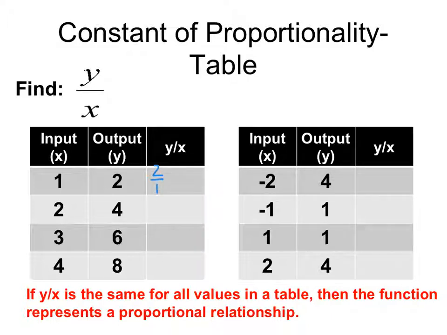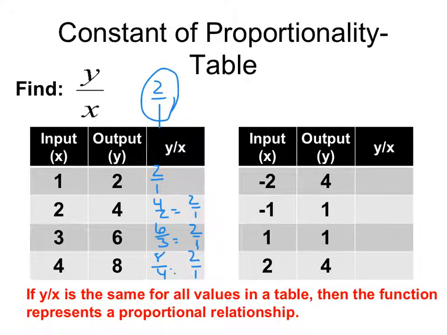For the next x and y value, it's 4 to 2, which simplifies to 2 to 1. The next set of y and x values is 6 to 3, which simplifies to 2 to 1. And for the next set of values, I have 8 to 4, which simplifies to 2 to 1. Because all of these simplify to 2 to 1, they have the same ratio, so the constant of proportionality is 2 to 1.